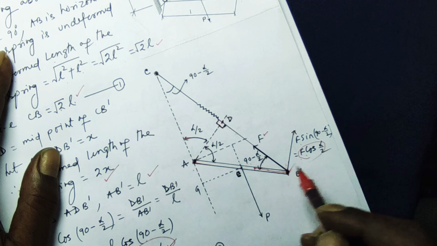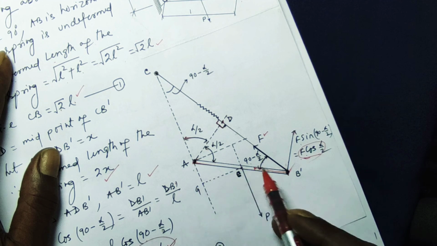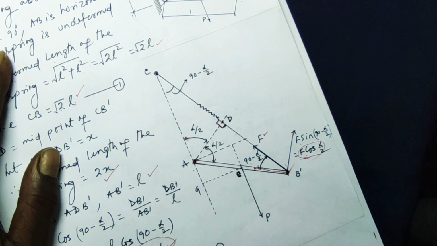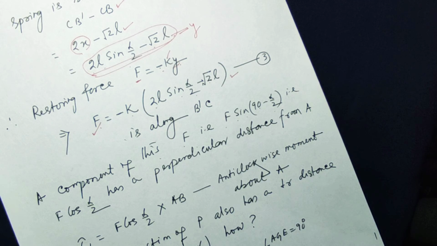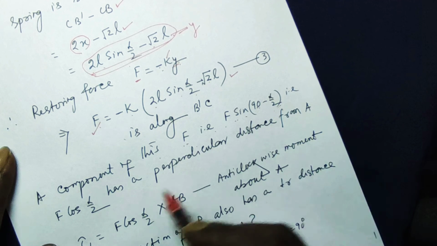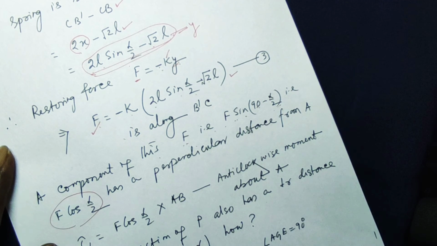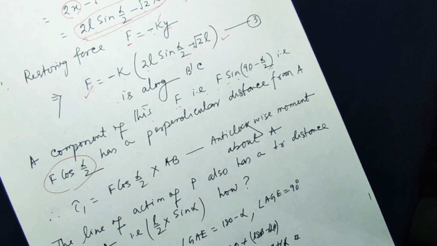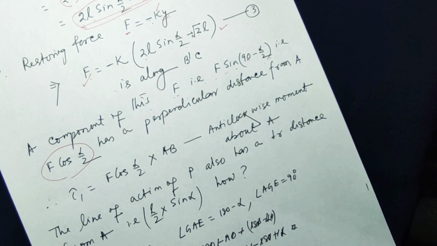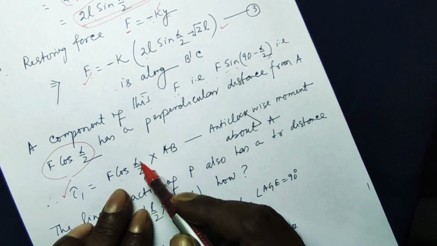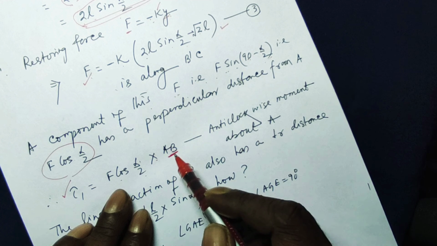And how much will that be? This force into this perpendicular distance, which is the perpendicular distance from the line of action of this force. That is what I am explaining here. A component of this F, that is F sin 90 minus alpha by 2, that is F cos alpha by 2, has a perpendicular distance from point A, so it will produce a turning effect. Let that turning effect be represented as tau 1. So that will be F cos alpha over 2 times the perpendicular distance.